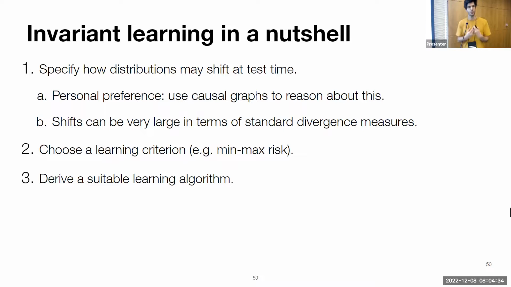If we want to be able to generate models that are stable across some interventions on some environment, there are some things that we can do. We can specify how those distributions may shift at test time. Are we expecting label shift? Are we expecting covariate shift? What is the type of change that we want to be guarded against? What are we expecting to happen in test time, in deployment, that might change in comparison to what we have trained on?